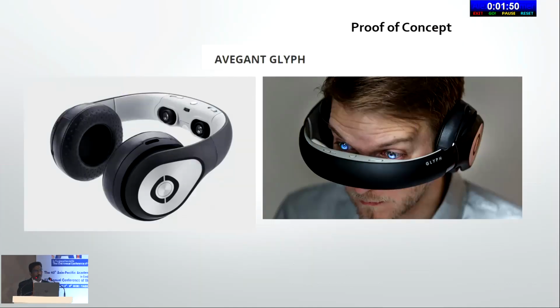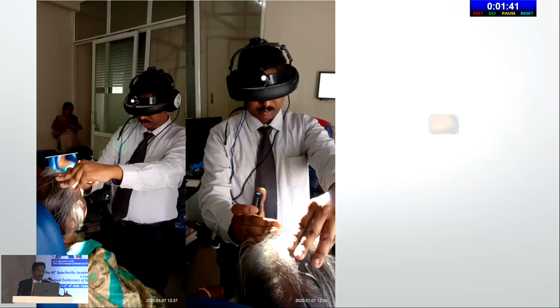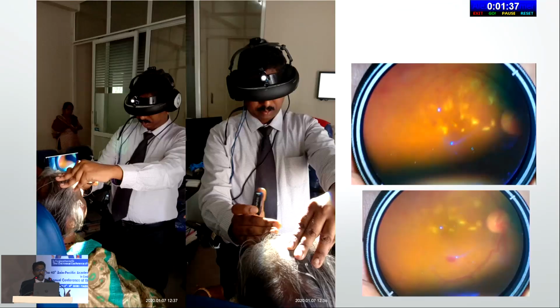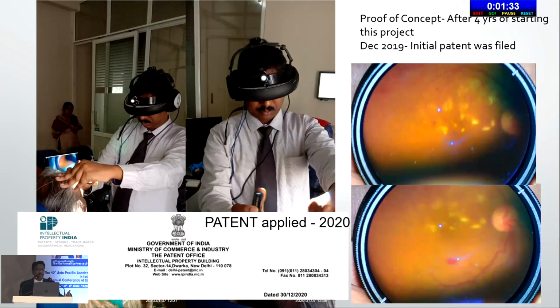As a proof of concept, I funded and got these two near-eye devices. I was an early backer for this Dream Glass, and using this, we are able to record the fundus images using the near-eye devices. And we also applied for a patent for the concept.